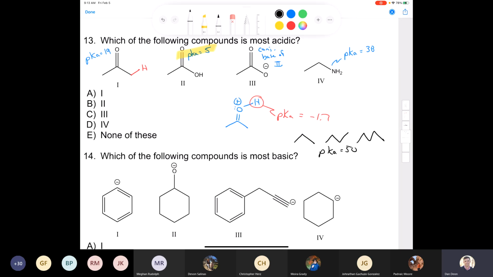If you have an amine, all amines are going to have a pKa of around 38. If you have a ketone, they're all going to have a pKa of around 19, so on and so forth. So yes, you associate them with functional groups. Think about the alcohols that we saw, okay? Except for phenol, which is a special class of alcohol, they all had pKa's in the neighborhood of 16 to 18. All right, so that's the kind of rationale that you want to take when you're looking at pKa's.